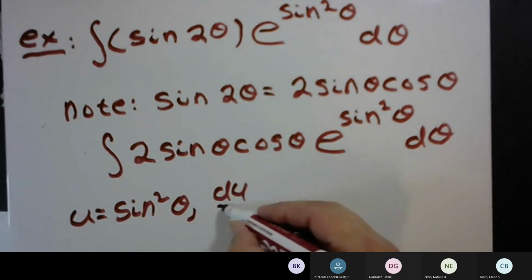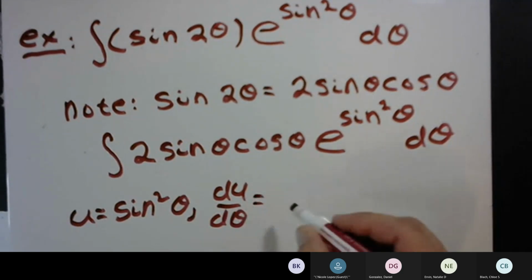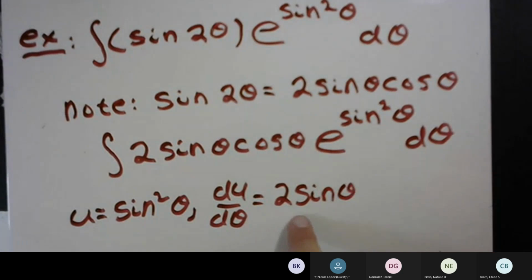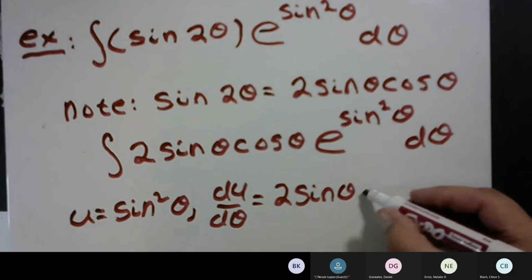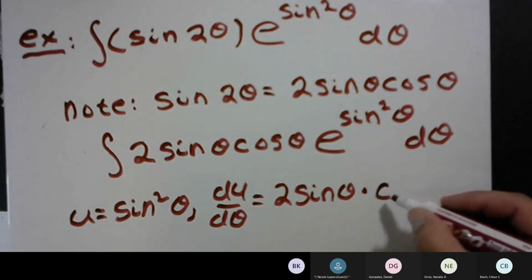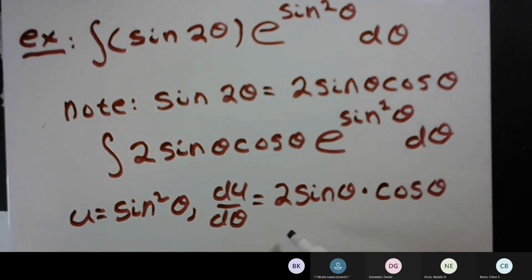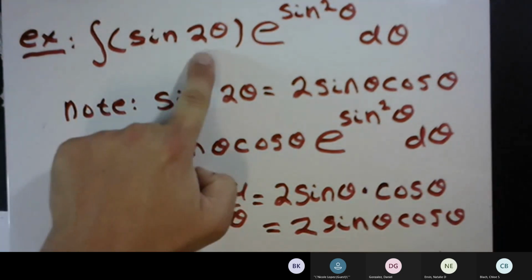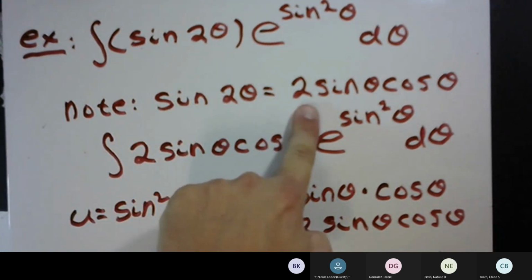then du d theta, we're going to use our chain rule. So we get 2 sine theta. That's our first part of the derivative. And then we do the second part, the inner function, derivative of sine is cosine. Or 2 sine theta cosine theta. So what we've got, this here is really this.